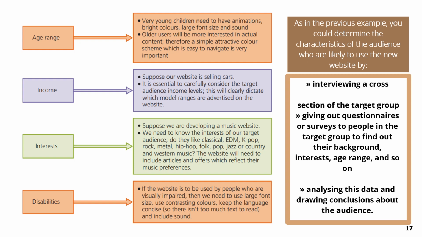If the website is selling cars, you want to go to people that have the means of purchasing or investing in such a project. Your target audience is very important. Remember, in part one, I talked about four things: the age of the target group, the experience, the expectations, and the knowledge. It is so important here in the income.